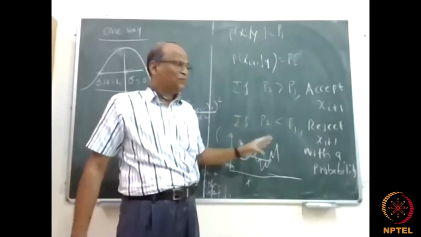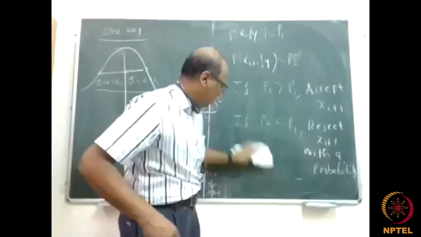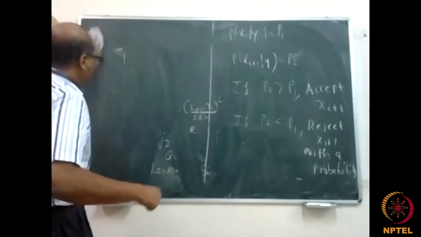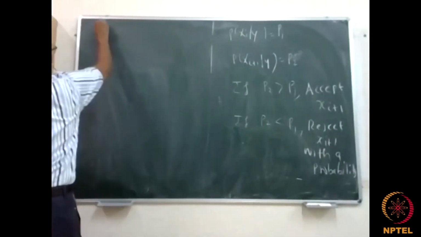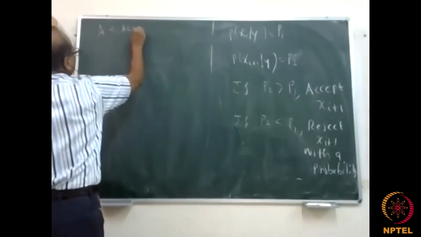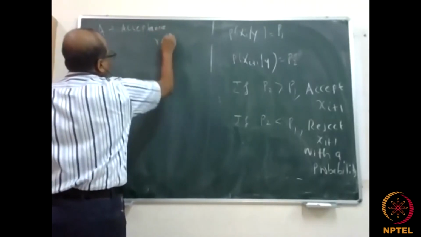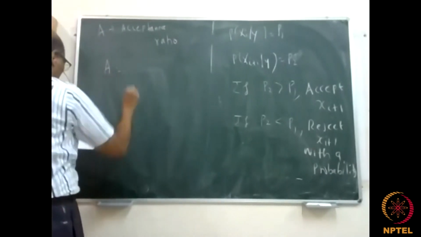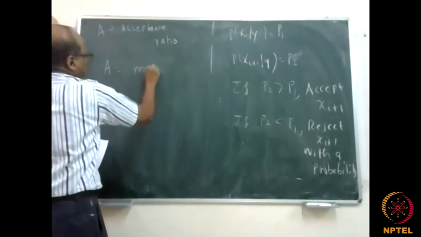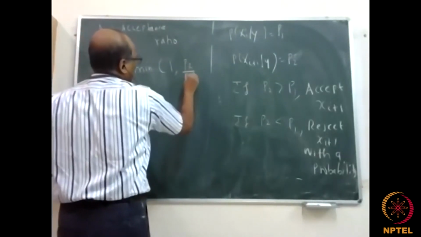That is not good. So Metropolis-Hastings said that you reject with a probability. What is that probability? They introduced a new term called the acceptance ratio. So there's something called A, the acceptance ratio. What is this acceptance ratio? They say A is a function which is the minimum of 1 and P2 by P1.